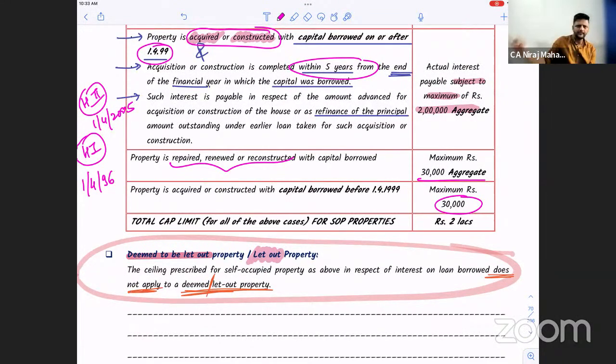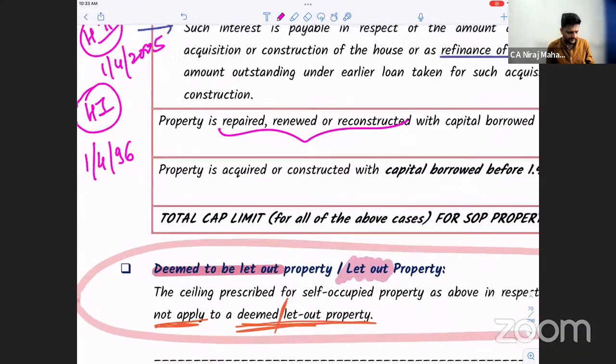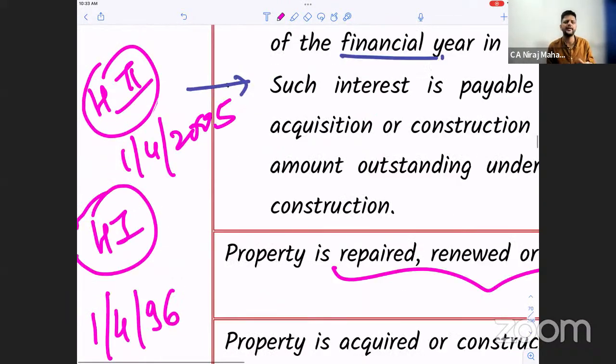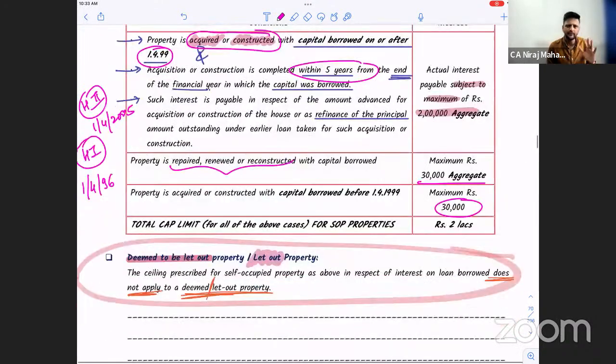Now, whatever my actual interest may be, it can be 45,000 rupees, it can be 1,80,000, whatever. In totality, look at the last line. House wise it will be 30,000 and 2 lakhs, but in totality for the assessee it will still be 2 lakhs.